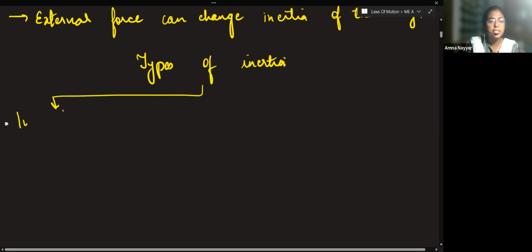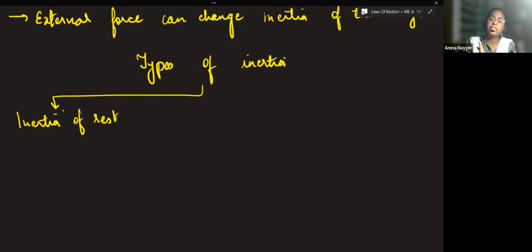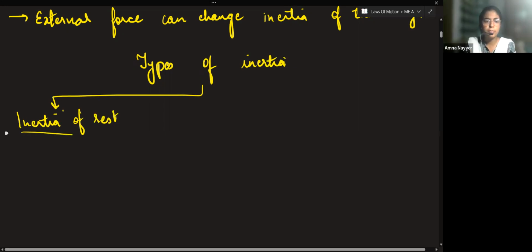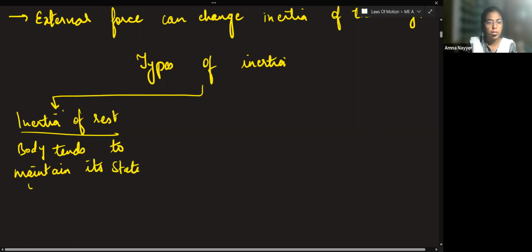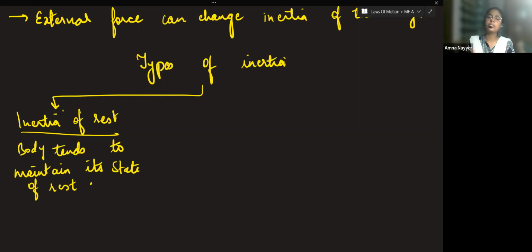First is inertia of rest. It means the body has a tendency to maintain which state? State of rest. Simple definition. So inertia of rest means the body tends to maintain its state of rest. If I'm able to resist this rest state, that means I'm able to resist the inertia of rest.